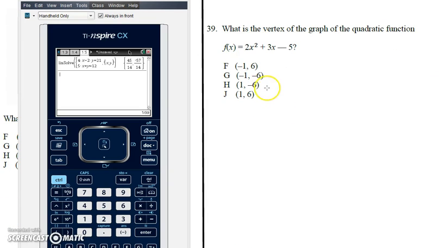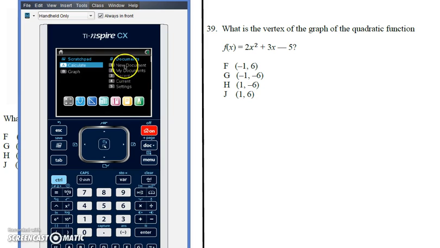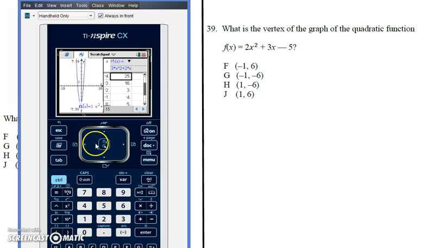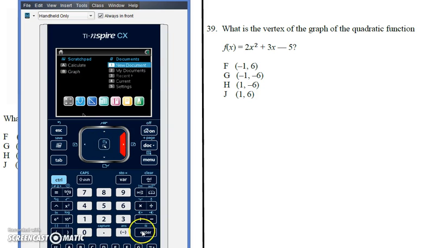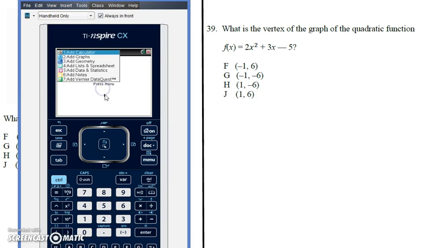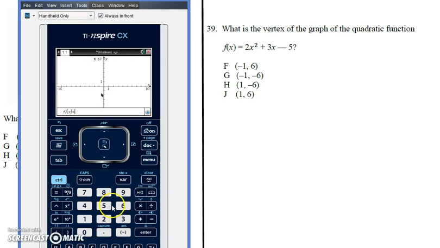Okay. When we talk about the vertex, we know that we're talking about a quadratic function because this is a parabola. So I'm just going to find, and one more time, I think there's a typo here again. Let's go here. I'm gonna graph it. And actually, I'm gonna start a new document. And I'm gonna have my equation.